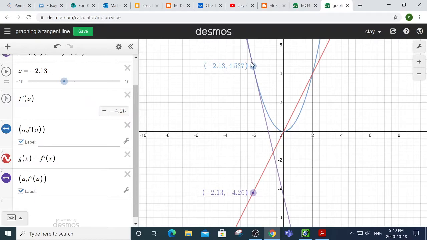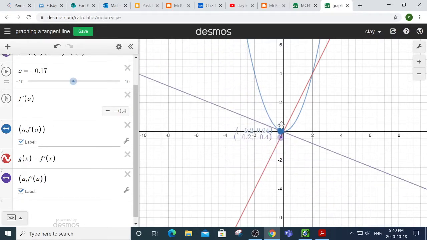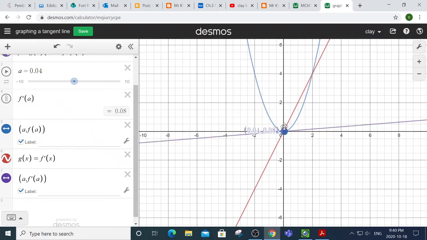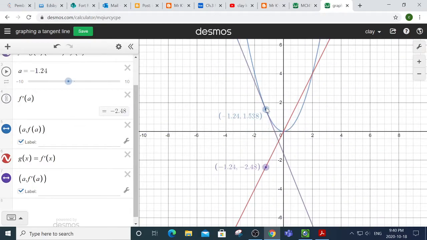So you can think about it. The rise over run here is about negative 4 over 1. You can see that if you make a little estimate here. And notice as the slope goes down, it's getting closer and closer to the slope of 0. And then it goes up. Cool. All right.